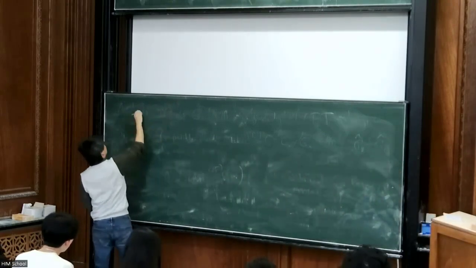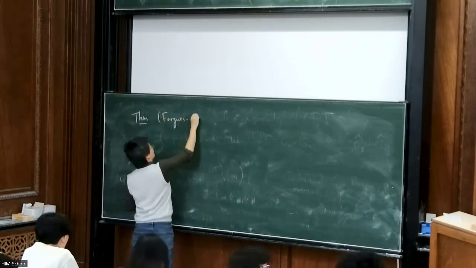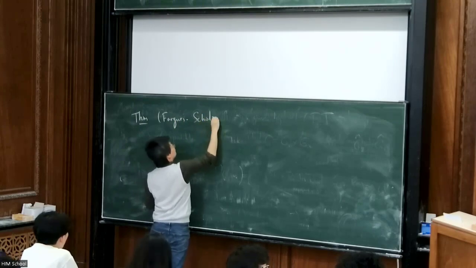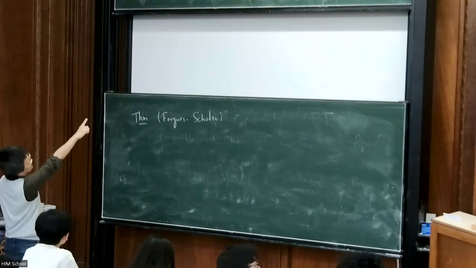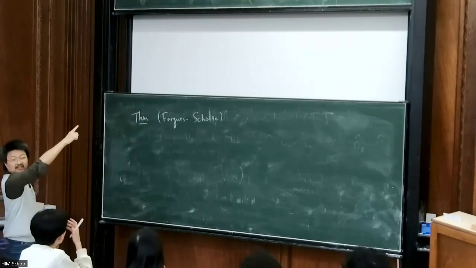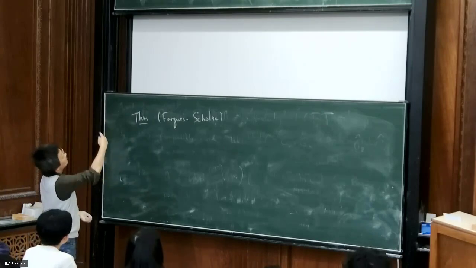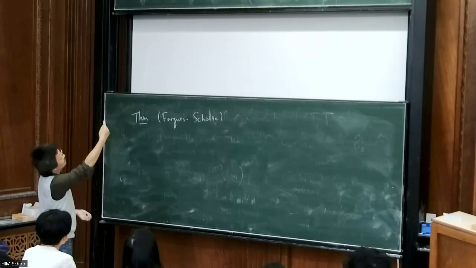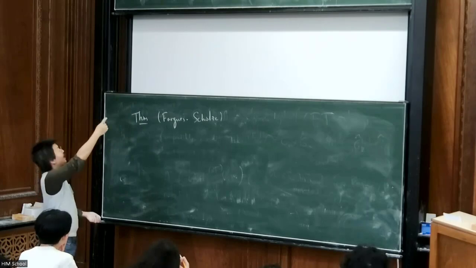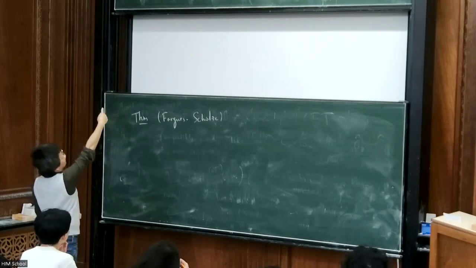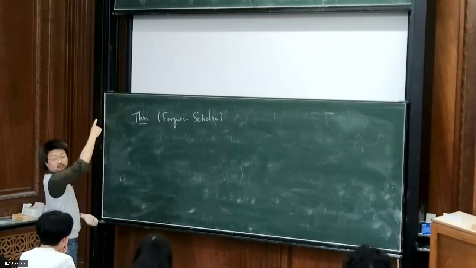The first is this big theorem of Fargues and Scholze, which says, if you think about it, if such a functor exists, then the global functions on this stack will act on any coherent sheaf. So if there's such a fully faithful functor, it will also act on the representations.